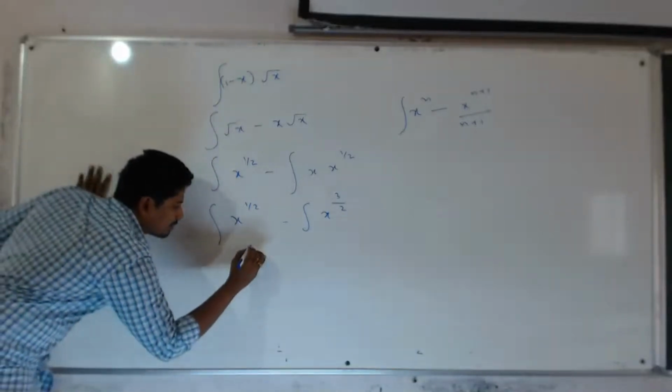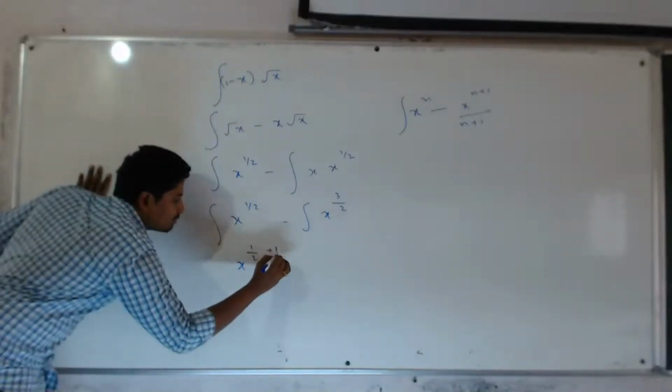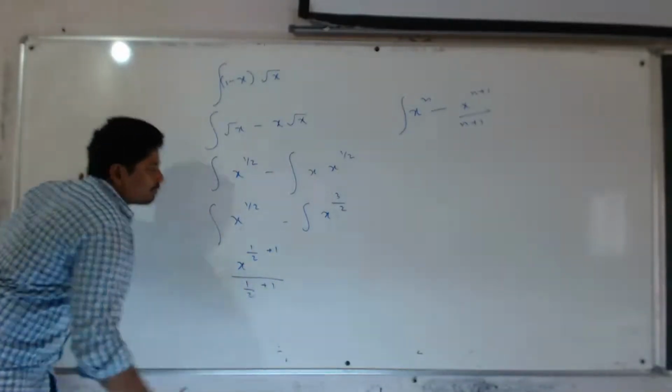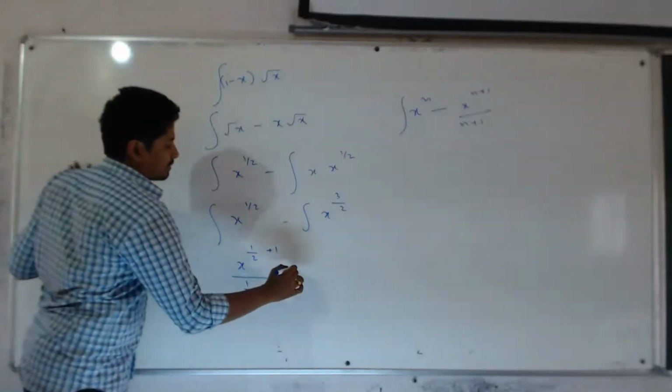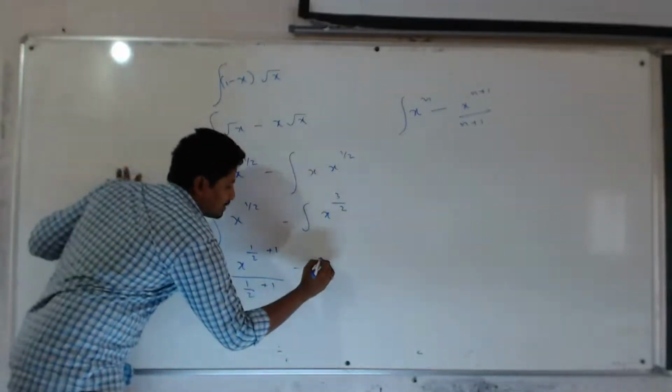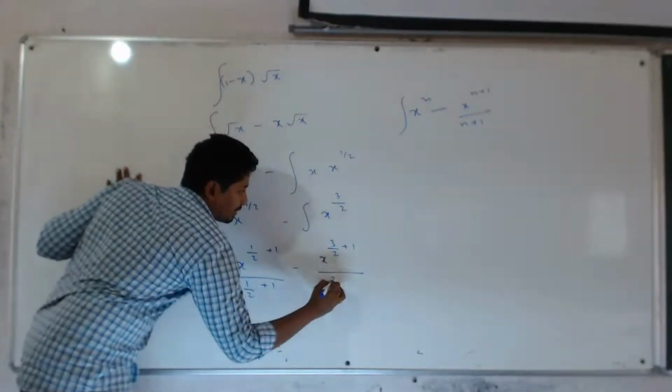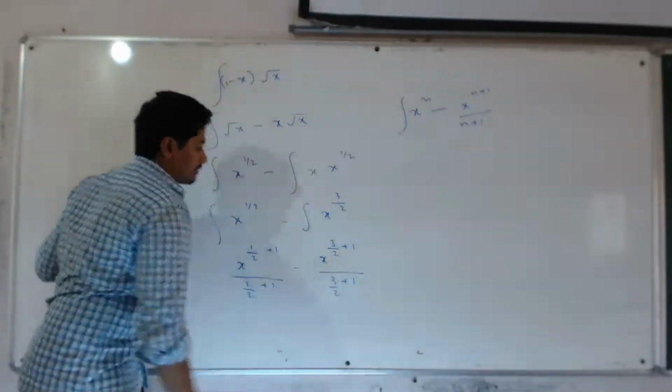X power 1 by 2 plus 1 by 1 by 2 plus 1, minus x power 3 by 2 plus 1 by 3 by 2 plus 1.